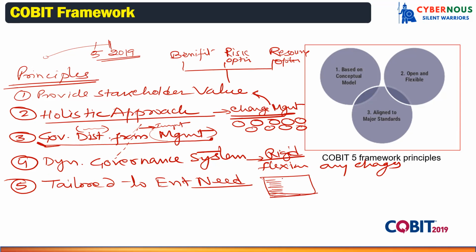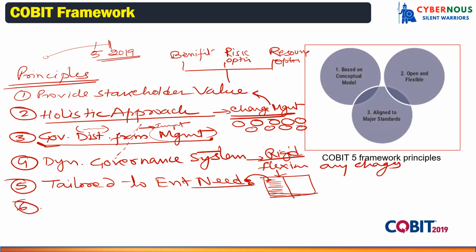If you need to get compliant with COBIT, you don't need to go and follow all these controls 100%. You can take a control, customize it as per your need, and implement it, with a proper justification. So you can tailor those principles or controls as per your organization's need. That is what is being said.